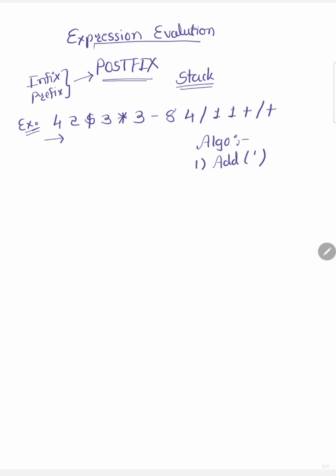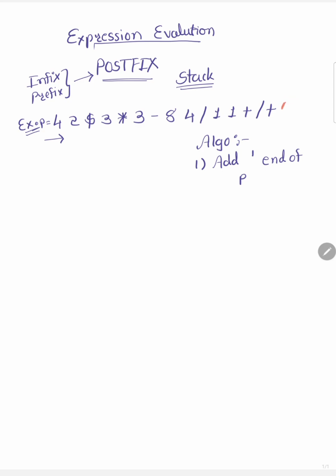Any symbol, let us say this. So I'm adding this symbol at the end of my expression P. Suppose this expression is my P. Adding this denotes that it's the end of the expression. Let me color it with another color so you get an idea.